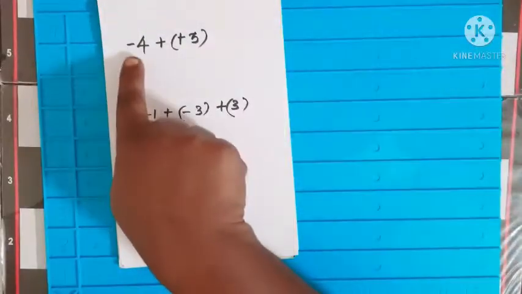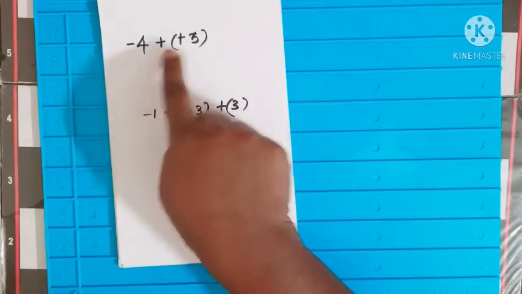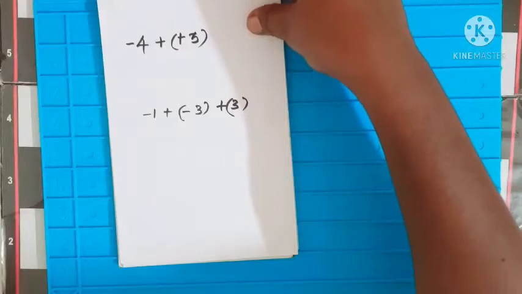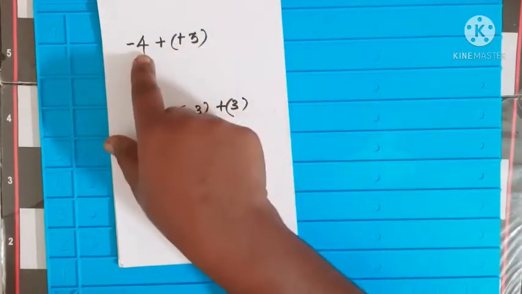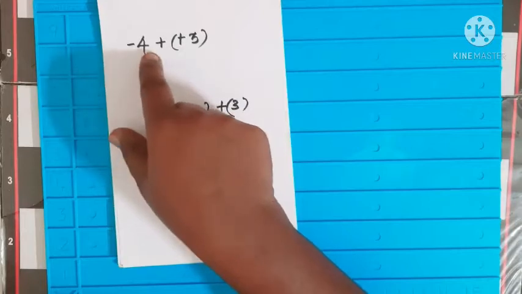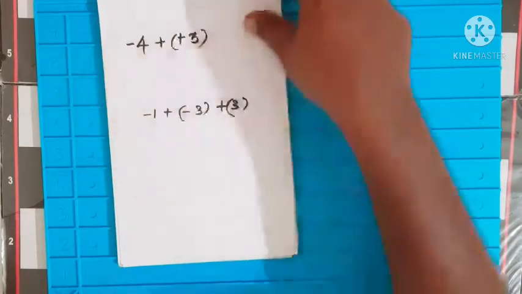So here the question for you is, it's a puzzle. -4 plus 3. It is a negative integer with a positive integer. So I have -4, that is -4 plus 3. We have to find the answer for this.